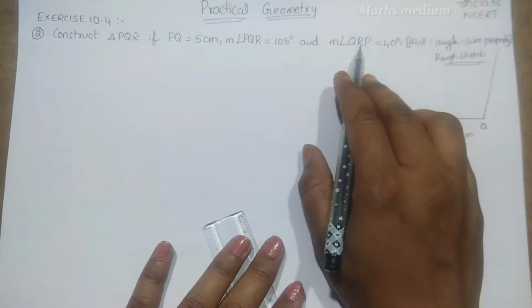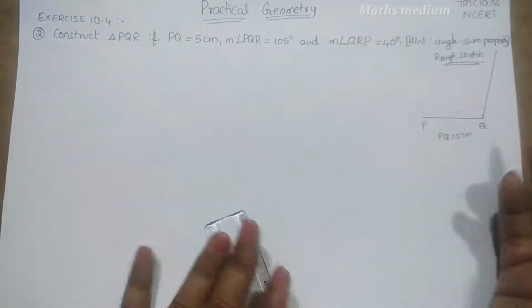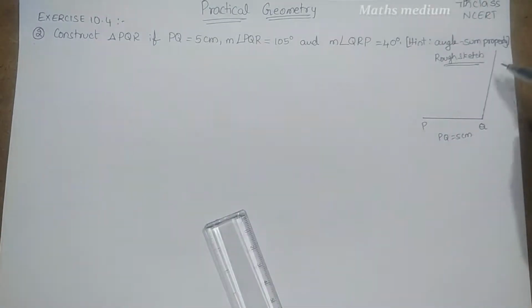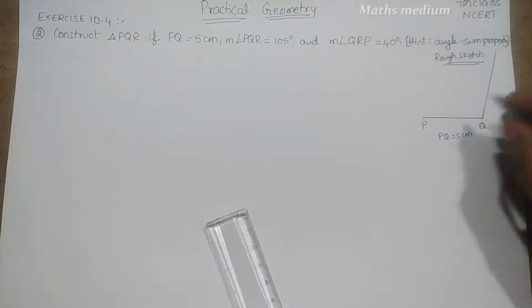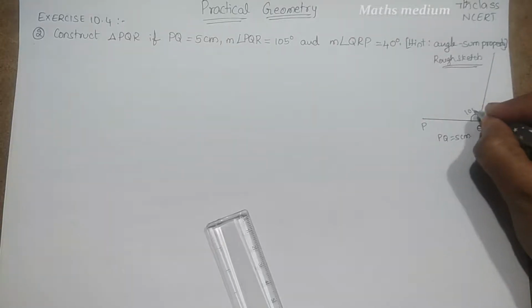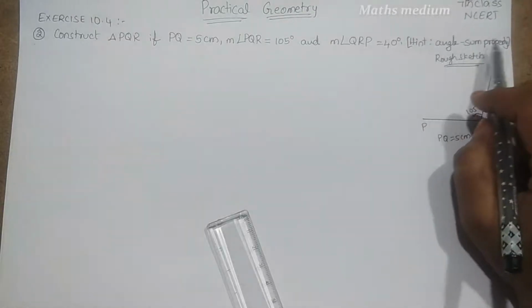Measure of angle QRP, it means measure of R is equal to 40 degrees. But in this base we don't have R. In this line also we don't know where R must be. So what we have to do, one thing here, 105 degrees, right? We don't have any other angles, but the hint is angle sum property.